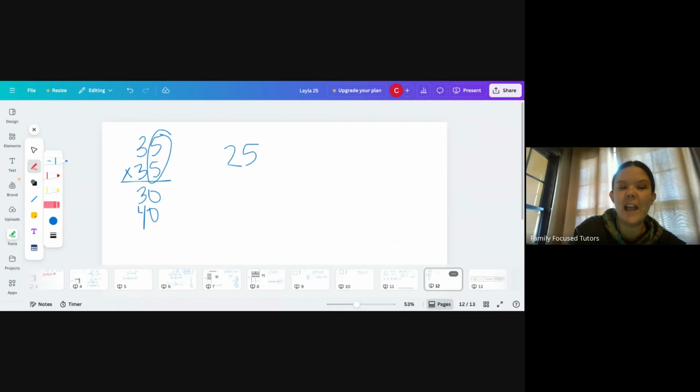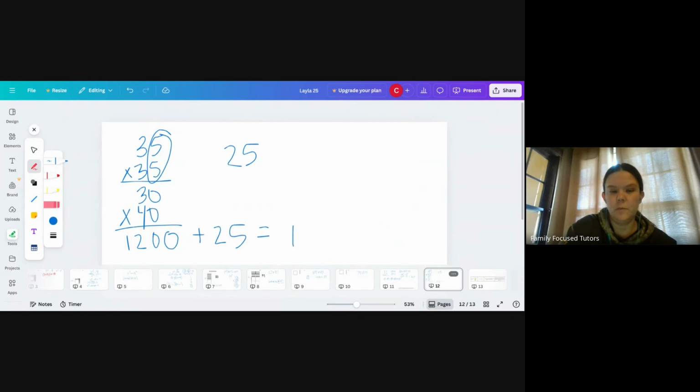Yeah, and then we add the 5 and 5 up because we have to do our ones place. So now we're just dealing with our tens place. We have to add them together because they add to get 10. So we do 30 times 40. So that's 1,200 plus 25. Does that make sense?